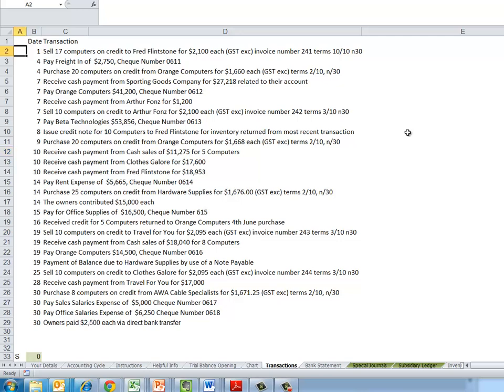Firstly, we'll work out which special journal the transaction goes in, and we'll write it over here. So what are our choices down below?